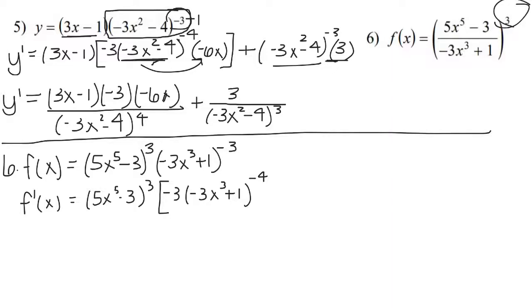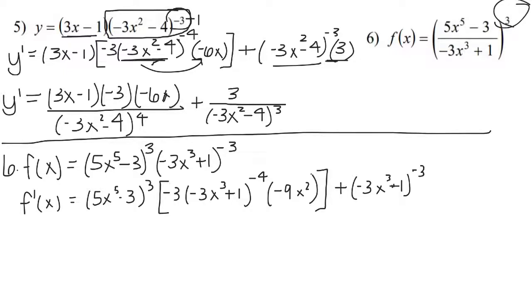Because we subtract 1, times the derivative of the inside, which is going to be negative. Is that okay? Yes. So first, derivative of the second plus the second. So we have negative 3x cubed plus 1 to the what? Negative 3. Right?